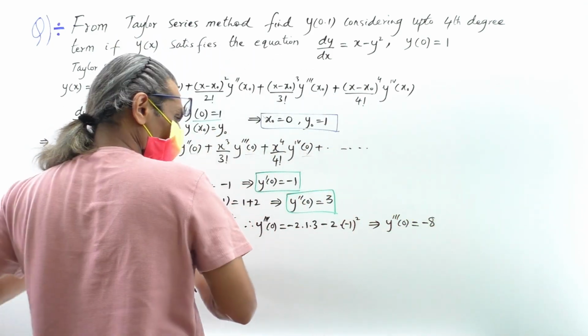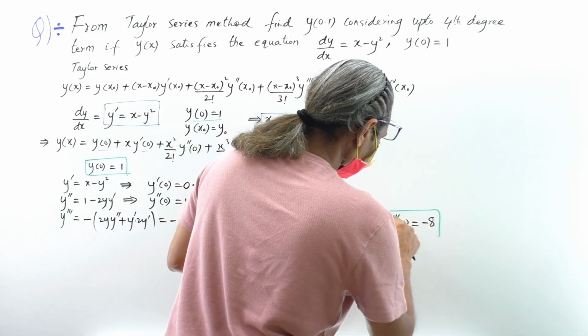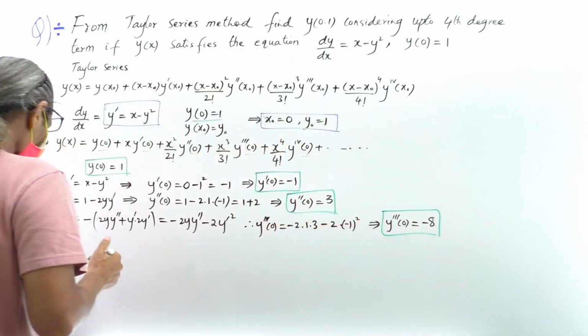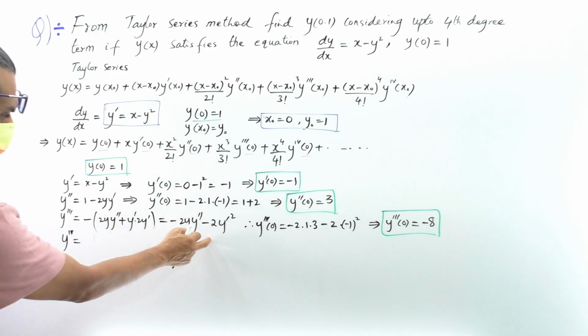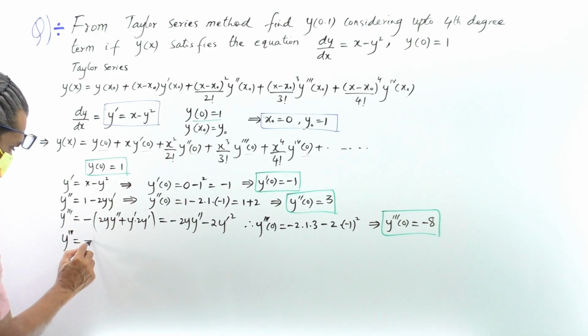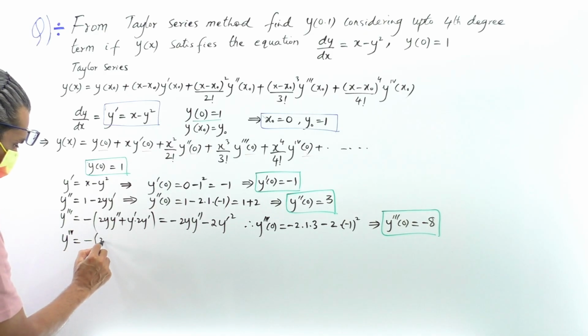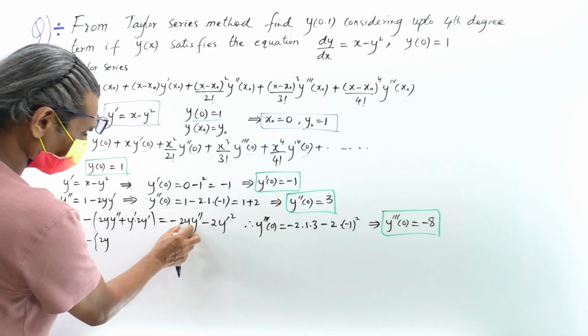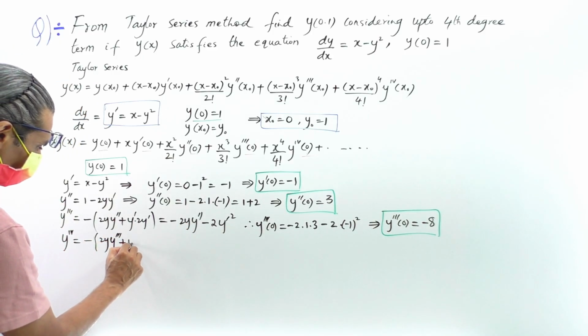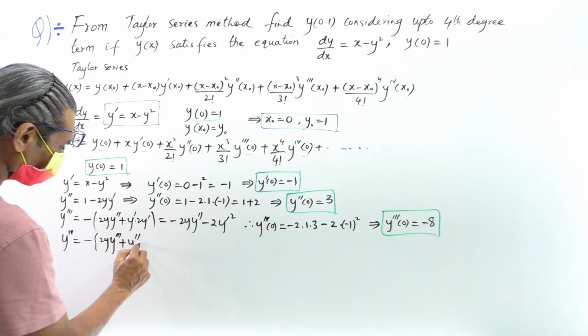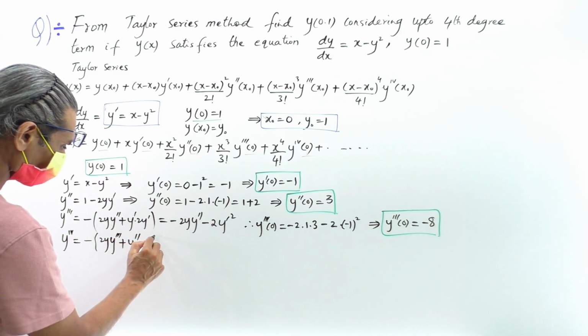Okay, done. Now the last derivative, y fourth. So we differentiate this again, taking minus outside. 2y into y double dash is a product rule here: first 2y as it is, derivative of y double dash is y triple dash, plus y double dash as it is, derivative of 2y is 2y dash. Okay, done.